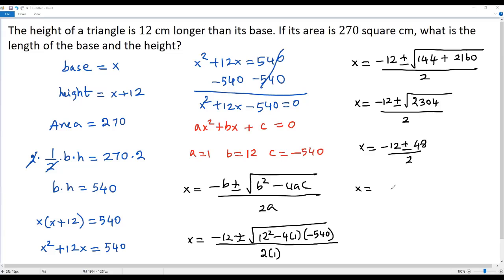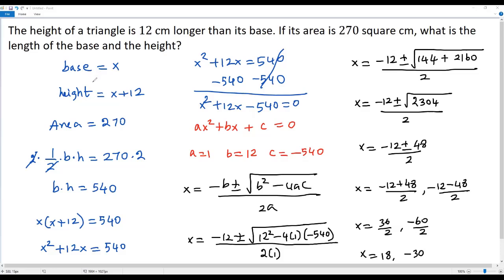So we have x = (−12 + 48)/2 and x = (−12 − 48)/2. When I simplify −12 + 48, it will be 36 over 2. And here, when I simplify −12 − 48, it will be −60 over 2. So x = 36/2 is 18, and −60/2 is −30.